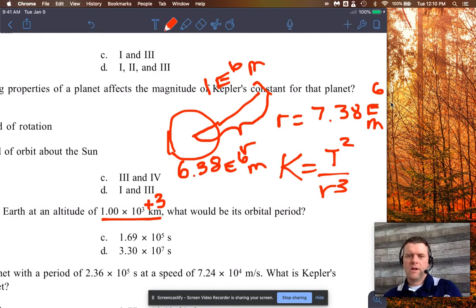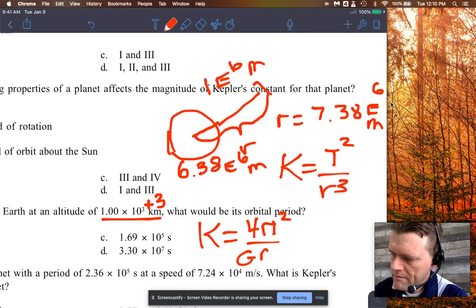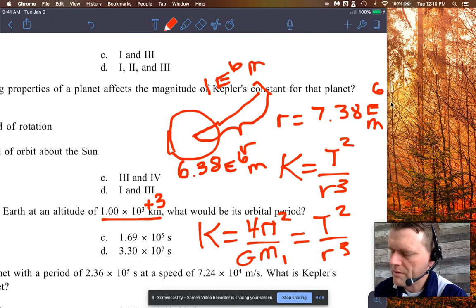We just figured out the radius, it's 7.38 times 10 to the 6th, but I don't know what Kepler's constant is. Kepler's constant can also be written like this: K is equal to 4 pi squared over GM1, and that is also equal to T squared over r cubed.